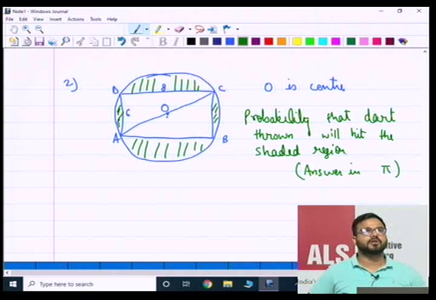Something is wrong in this one. The number which you have written, 42, that is not right.